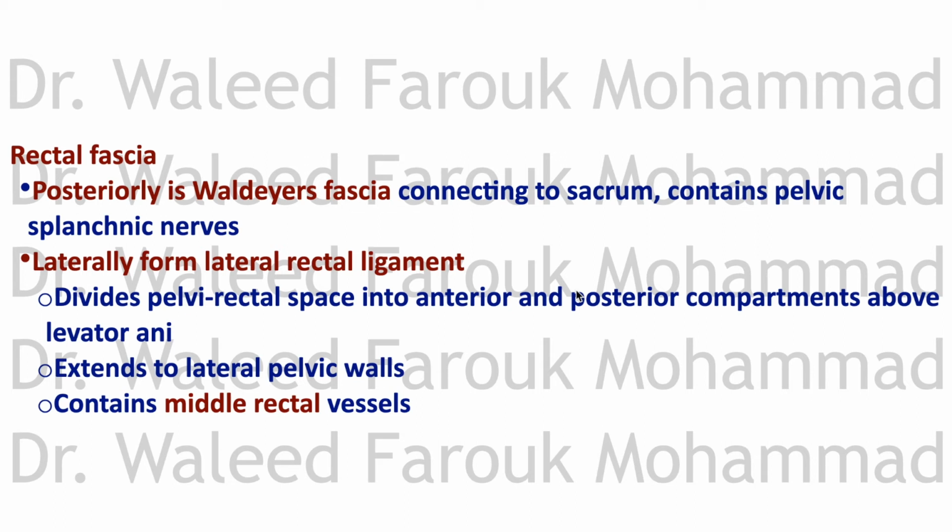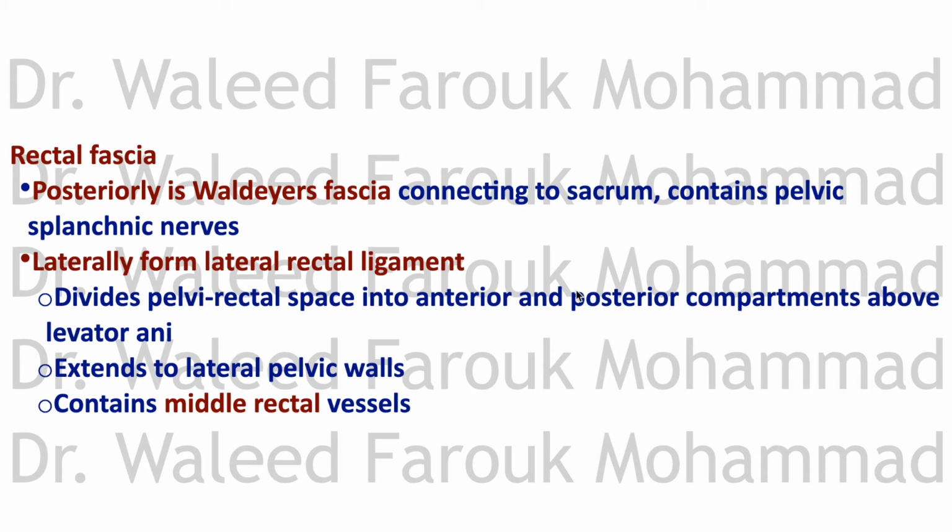So you will affect the rest of pelvic structures. Many patients come out with impotence after pelvic operations because of this, because of cutting of the pelvic splanchnic nerves. They are hair-like nerves, tiny nerves, present in abundance in posterior and lateral side of the rectum.